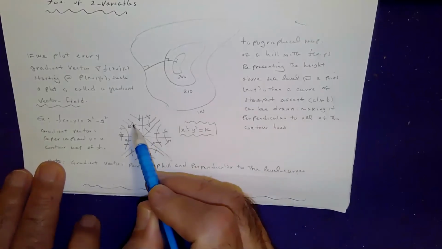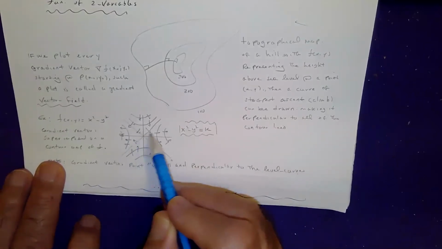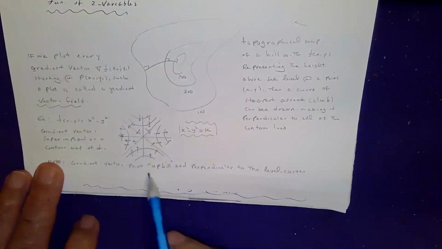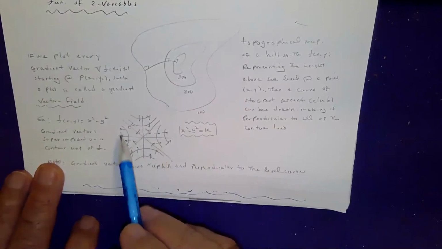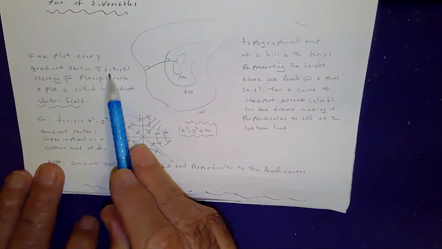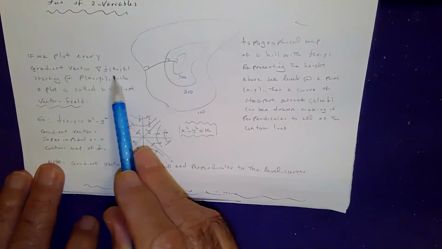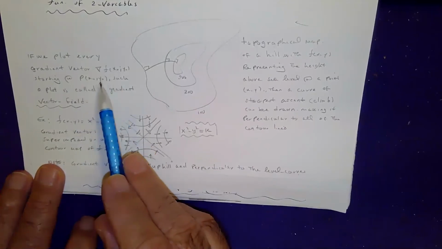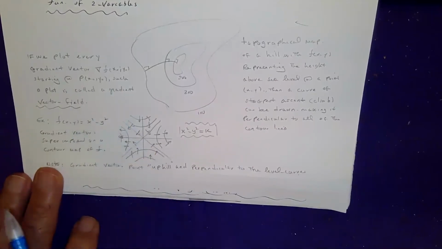So notice these guys are perpendicular. Do you see it? And they point uphill because this represents the fastest rate of change of the function at any specific point in a given specific direction.